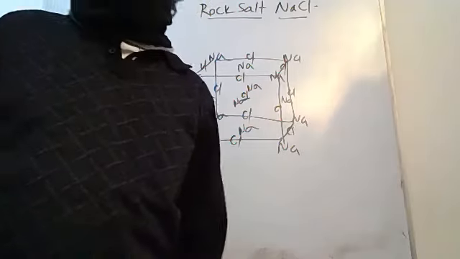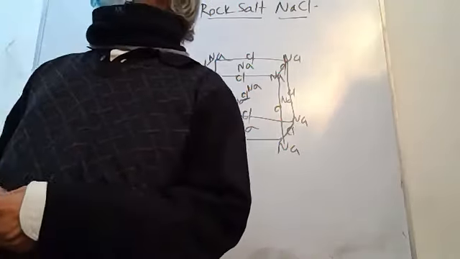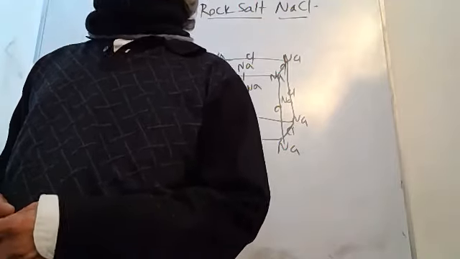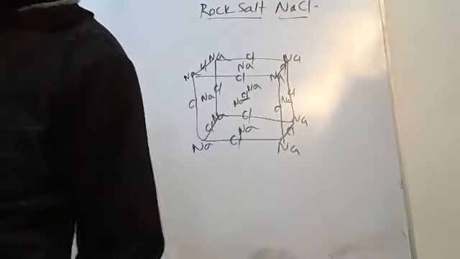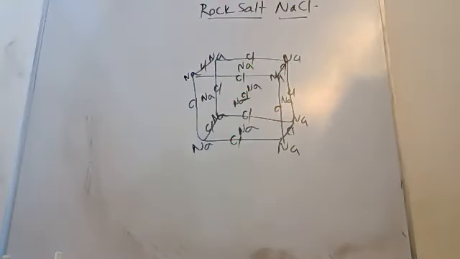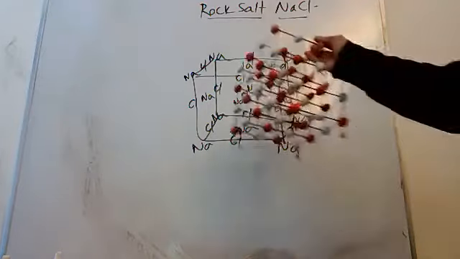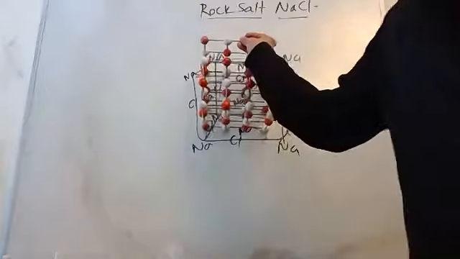If you want to see a physical picture of how that looks, I can bring the structure from here and show you in three-dimensional space. That's the structure that I'm talking about here. Can you all see this?